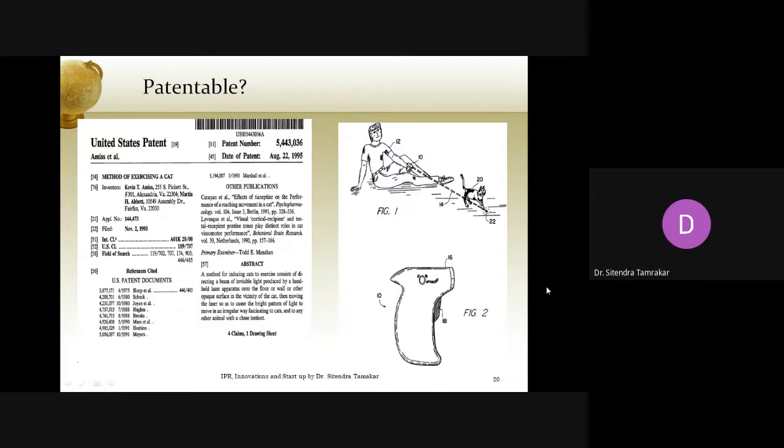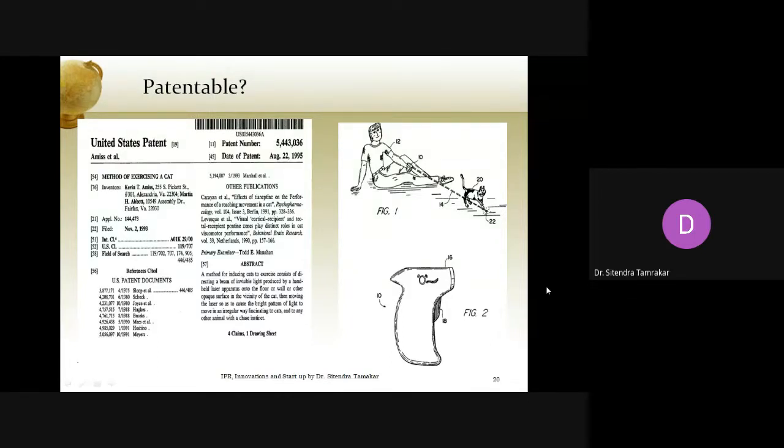Whenever he put the light on the cat's leg, head, or on the wall, the cat started to move and tried to catch it. After some time, the cat got habituated, and she started to exercise.